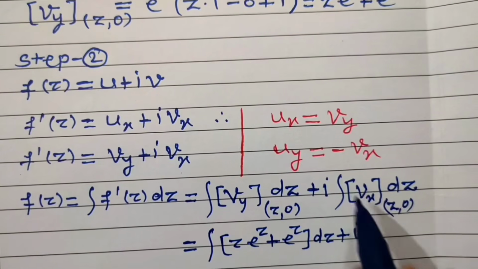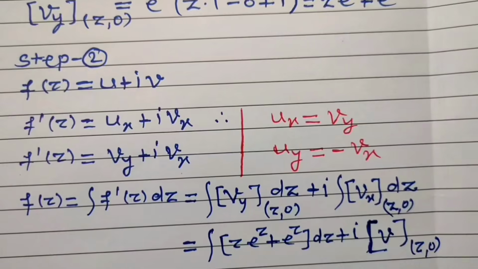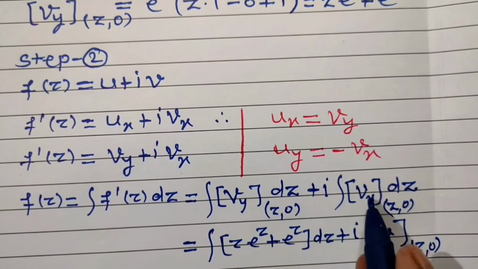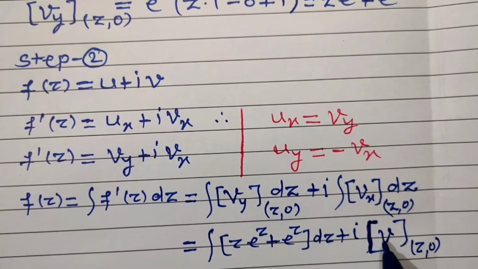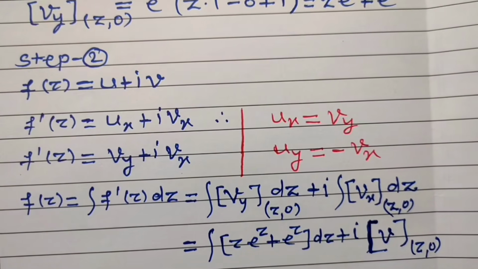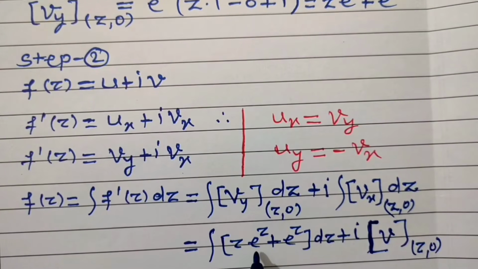We can replace this integral by v at z comma 0 without finding the integral. The direct value of this integral is nothing but the value of the given function v replacing x by z and y by 0.